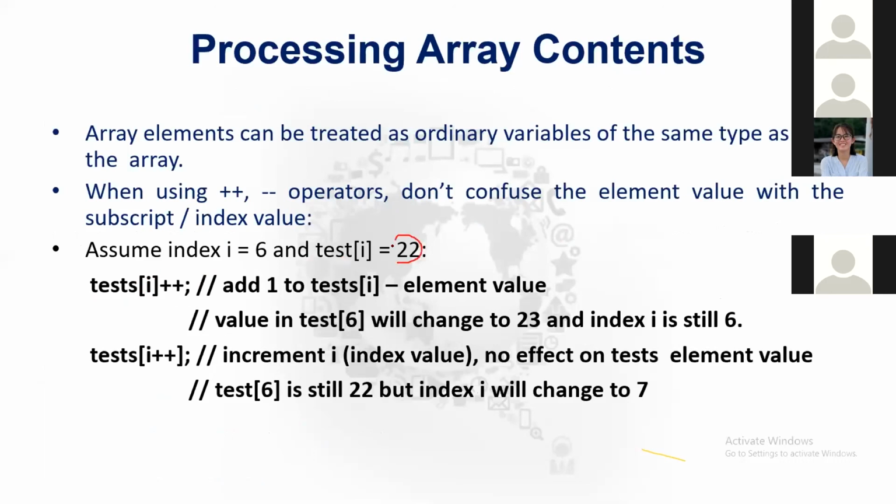Say the value is 22. If you put in plus plus, you are adding 1 to 22, which is 23. But if you're doing something like this, it is rather 6 plus 1, which is 7. So it means that you are extracting the 7th value.